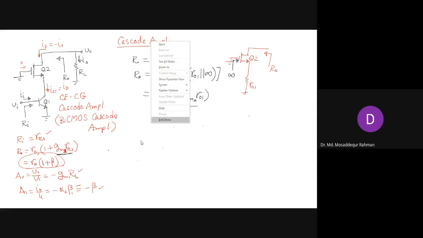One interesting aspect is that it is possible to increase the output resistance even further.